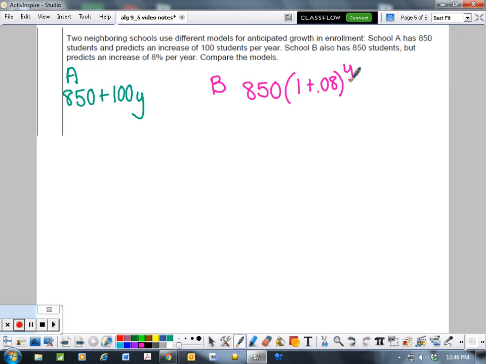Now let's compare the two models. Well, when we're comparing, I can easily tell that this is linear and this is nonlinear. This is an exponential.